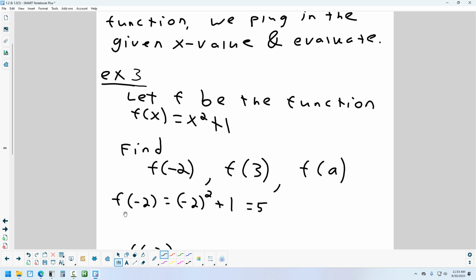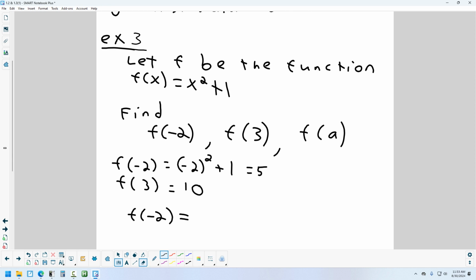How about when you plug in 3? When you plug 3 in for X, what will you get? Yeah. 10. Yep. 3 squared is 9, plus 1 is 10. And how about if you plug in A?